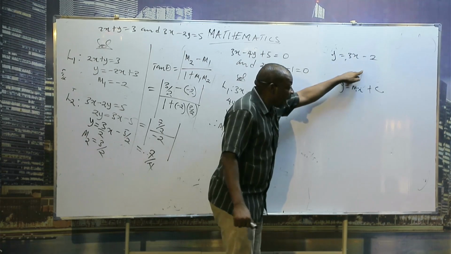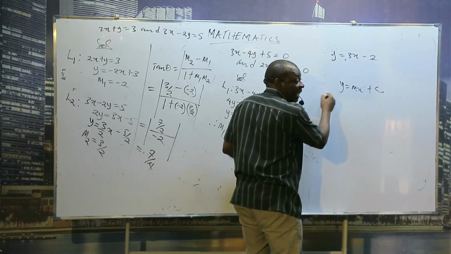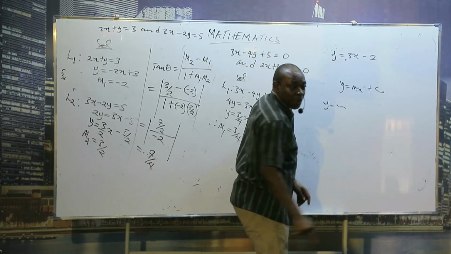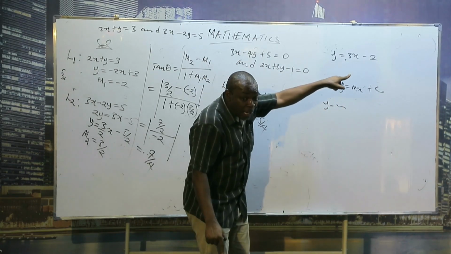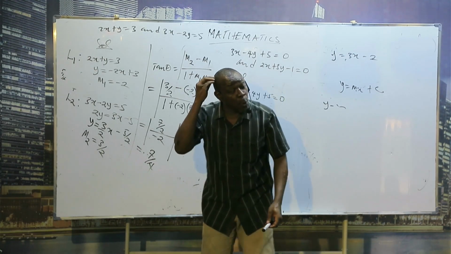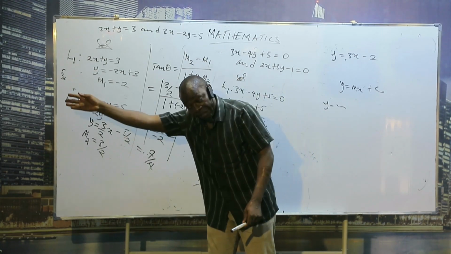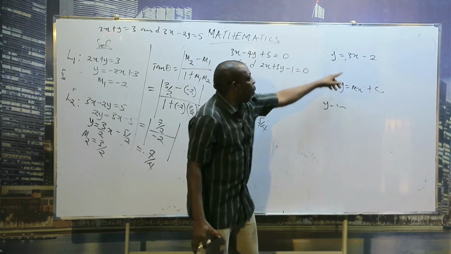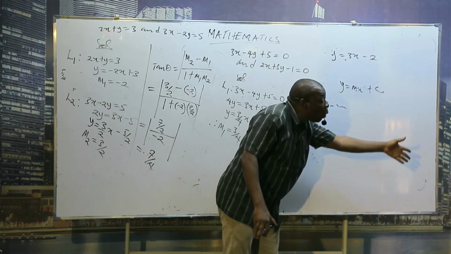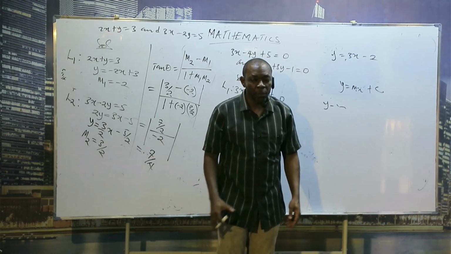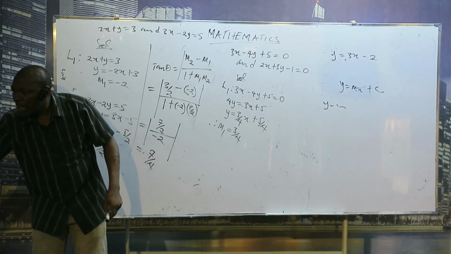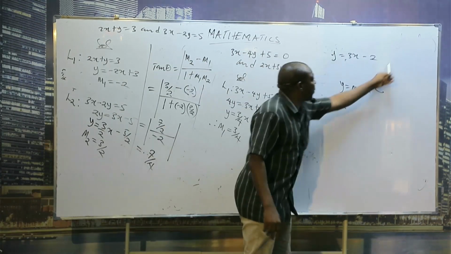Then the same question will tell you, find the y-intercept. But because of your age, you are suffering from malicious amnesia. What is the y-intercept there? And yet people will not know. I've taught JS3 for years, and I told them all these things.